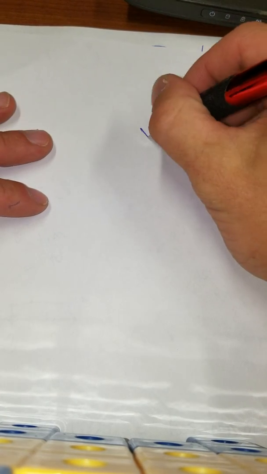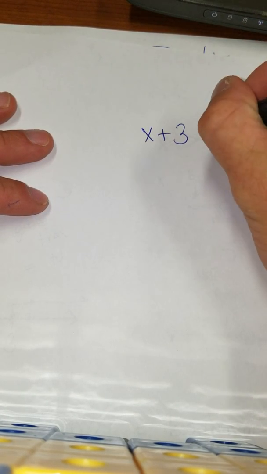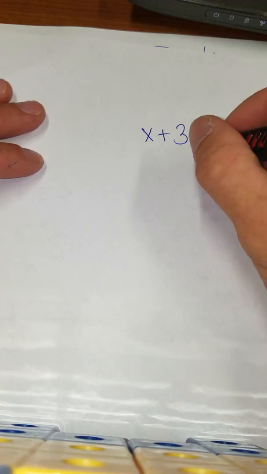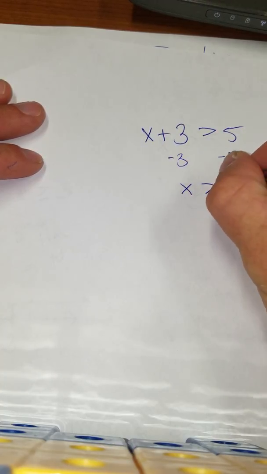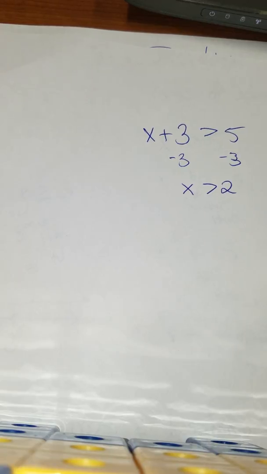So solving these things is exactly like solving an regular equation. If we have something that is x + 3 > 5, the way you solve it is you subtract 3 from each side, x is greater than 2, and voila, there's your answer.